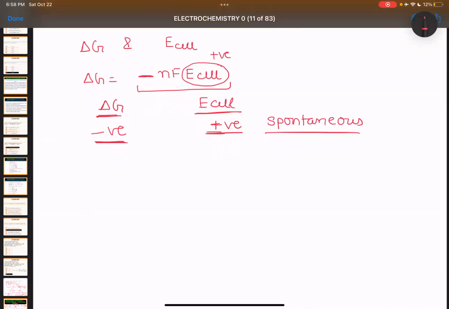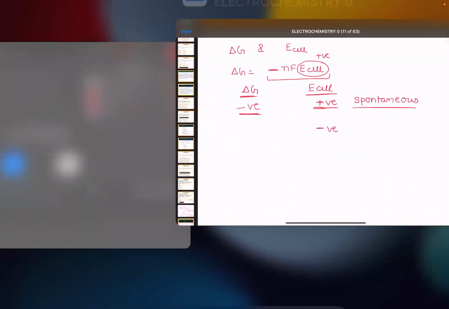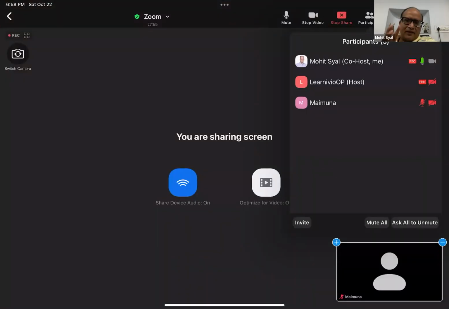And what about this one? Suppose the EMF is negative, what does this mean? Suppose you are given a cell equation and the EMF which you are getting is negative. It means the cell is not going to work.